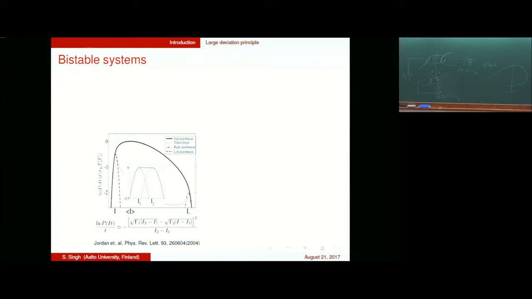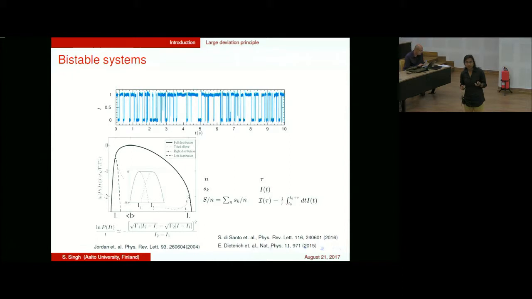So at this point, I will make a connection between the variables that I used before to explain this large deviation principle and the variables that I will be using later on. So this n will change into tau. There was n number of Sx variables that we were taking. Here I will be taking the time window over which I am averaging my points.